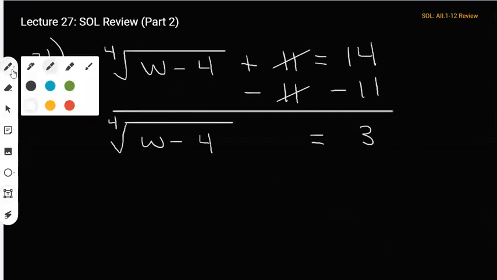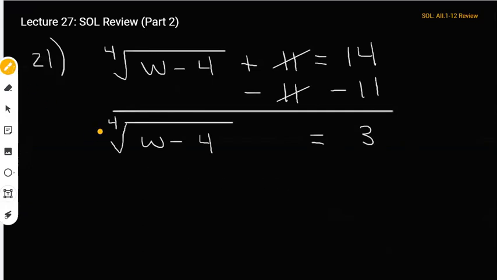And now what I can do is take both sides to the fourth power. And it's 4 because I need to match the index right here. Just take both sides to the fourth power and you should be fine.